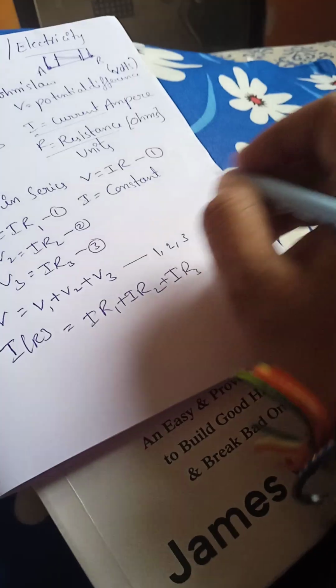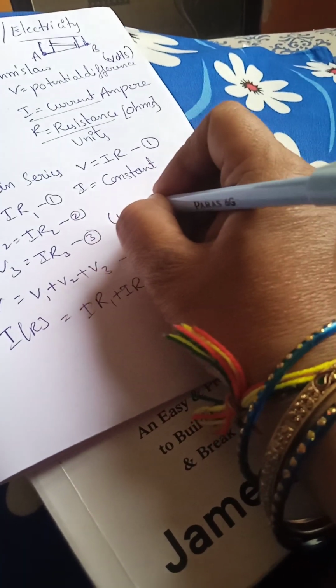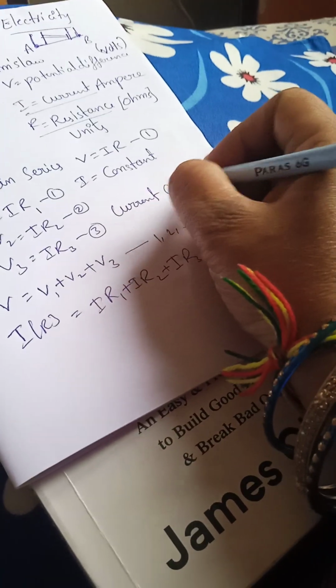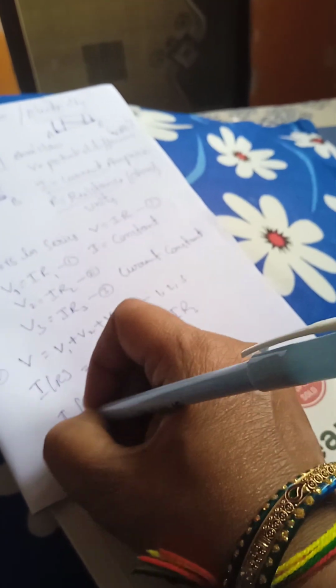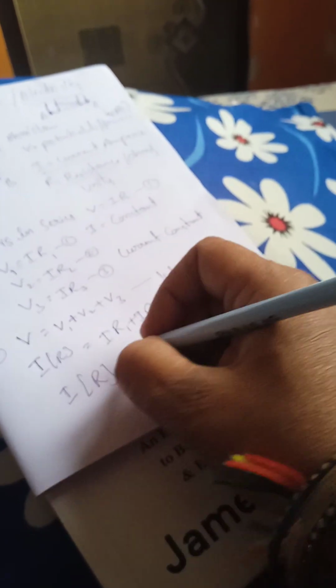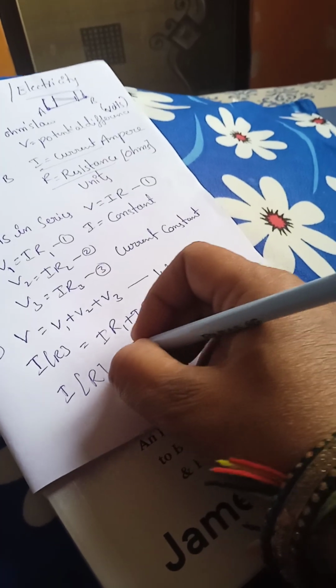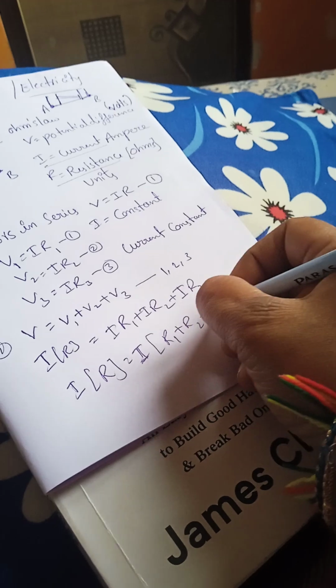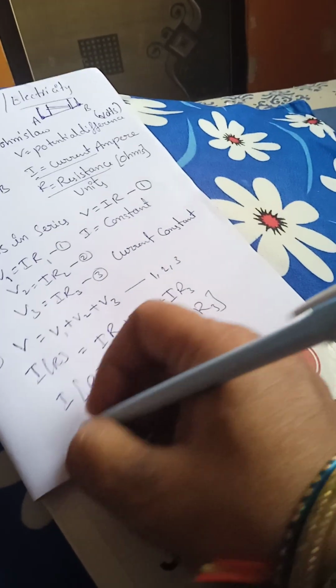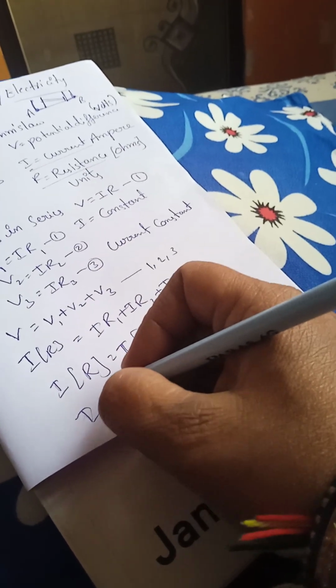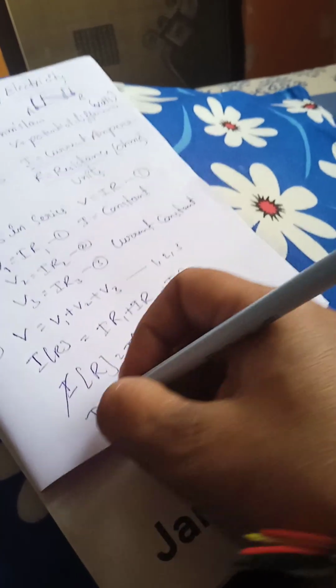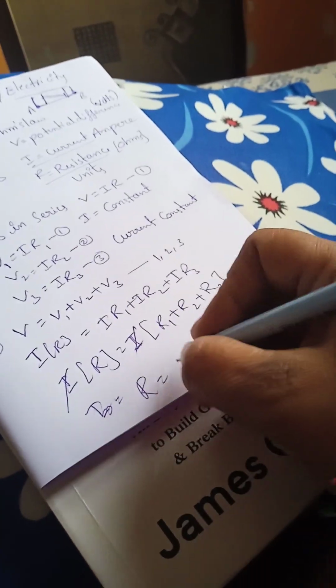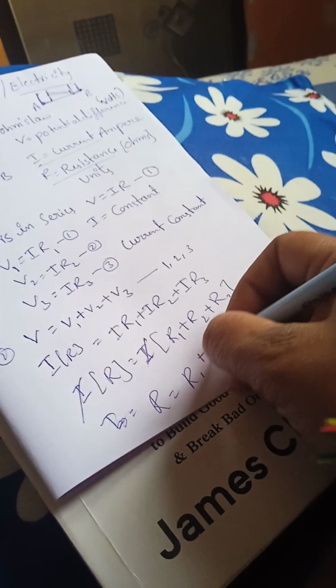Current is constant here, so take I common and remove it: I times R1 plus R2 plus R3. So I cancels, and R is equal to R1 plus R2 plus R3.